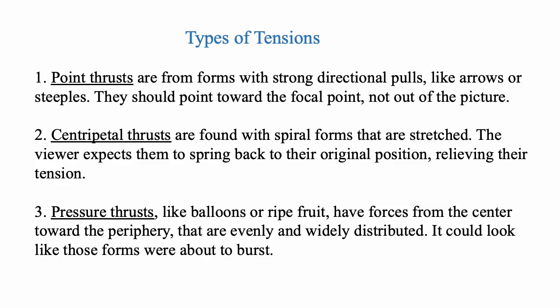Here are some main types of tensions. There are point thrusts, like an arrow or a steeple, that form a strong directional pull, and it should always point toward the focal point, not out of the picture. Then we have centripetal thrusts, like a spring that's stretched, and the viewer expects the spring to go back to its original position, relieving its tension.